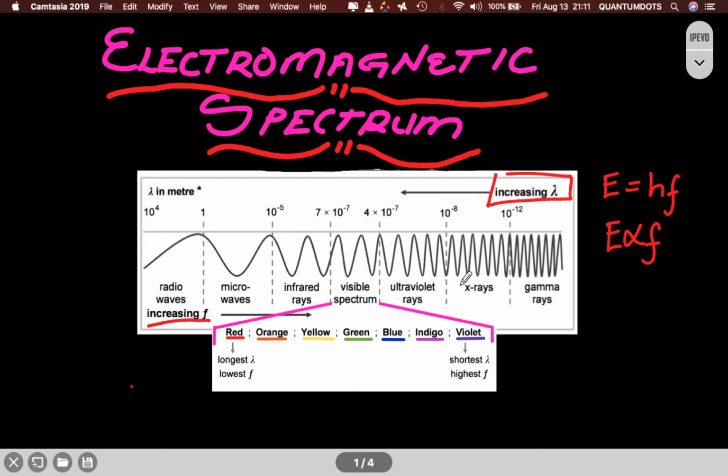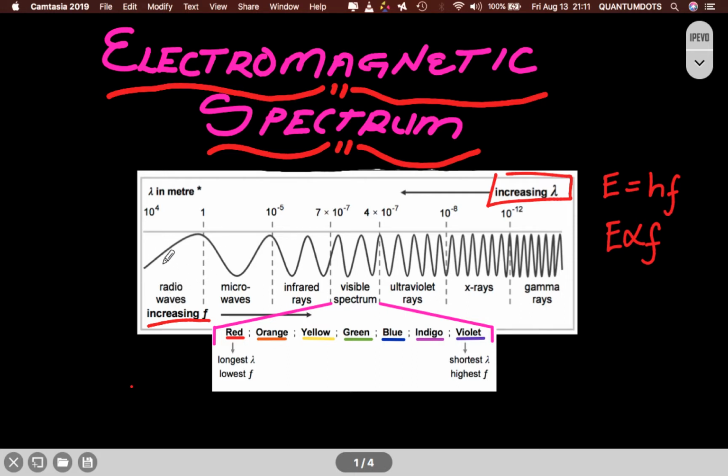So in other words, we're simply saying that as the frequency increases from the left to the right, from radio waves to the gamma rays, so does the energy. The energy also increases from the radio waves to the gamma rays. In other words, the gamma rays have got the highest energy while the radio waves have got the lowest energy.